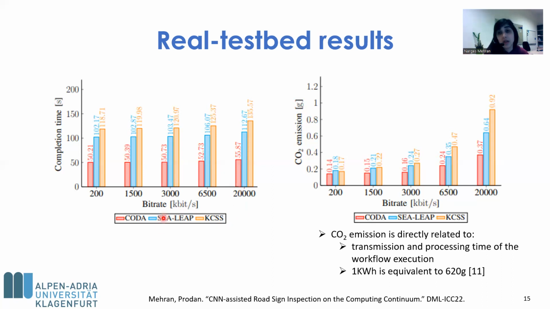However, CLIP targets the communication between the application components and maybe puts all the application components over one specific device, which may be overwhelmed, but at the end it will try to reduce the execution time and also the amount of CO2 that will be emitted, which is directly connected to the energy consumption of the resources.